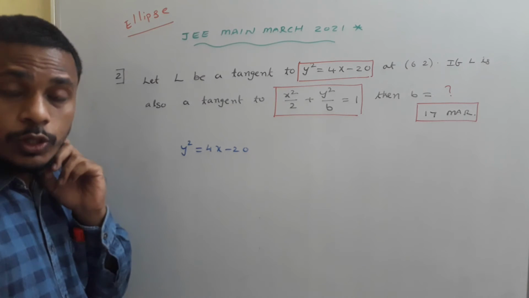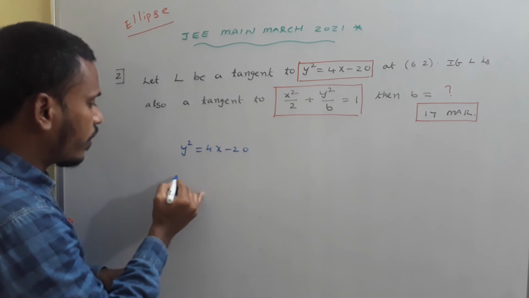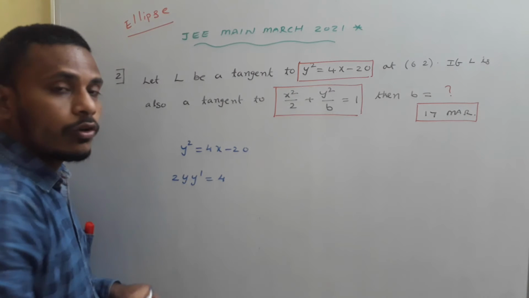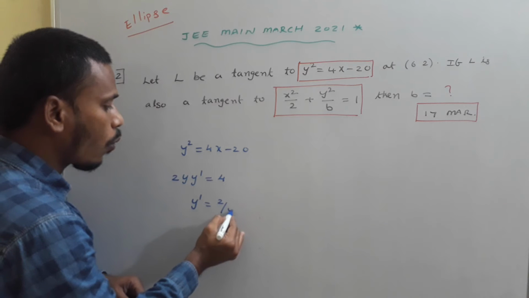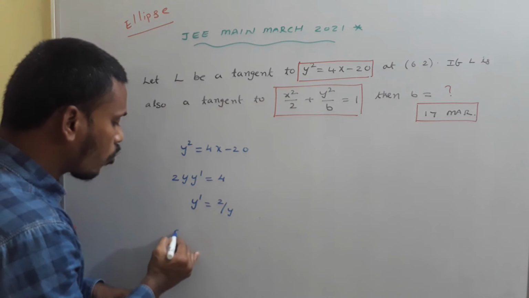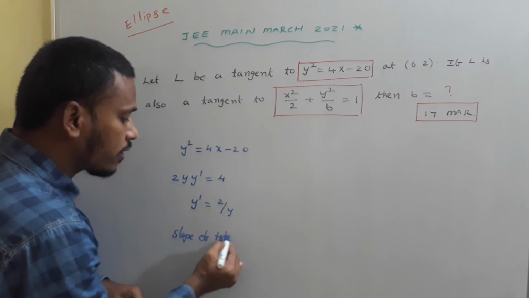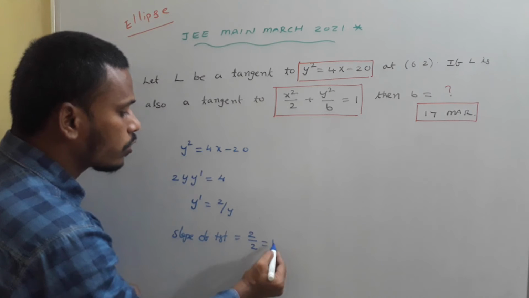See, y square is equals to 4x minus 20. I am just moving with the differentiation method. Just differentiate it. 2y, y dash is equals to 4, and then y dash is equals to 2 by y. Then what do you say about the slope of the tangent for the parabola at the point? Slope of tangent at the point 6 comma 2, y coordinate is 2, so 2 by 2 is equals to 1.